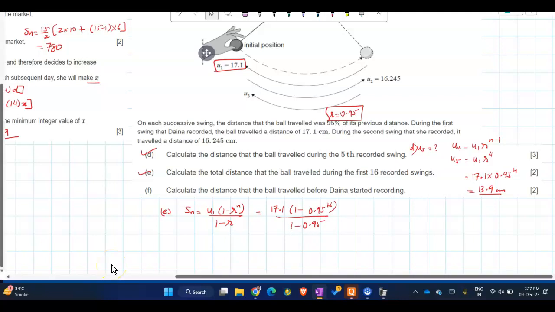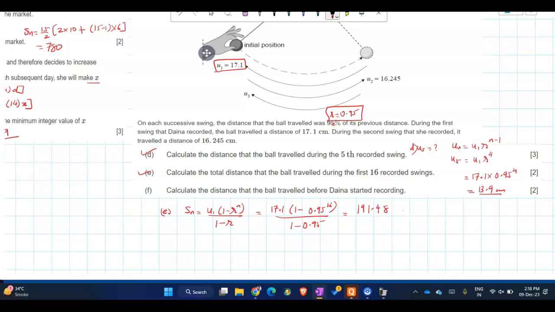If I use my calculator, r is the ratio, correct? So 191.5. Three significant figures would be 192. So 191.48 if you write it, and three figures will be 192 approximately. Your total distance traveled.